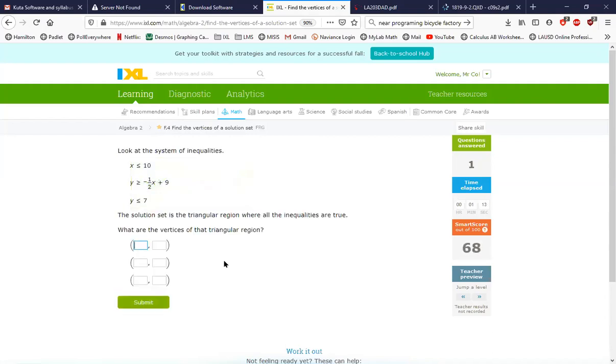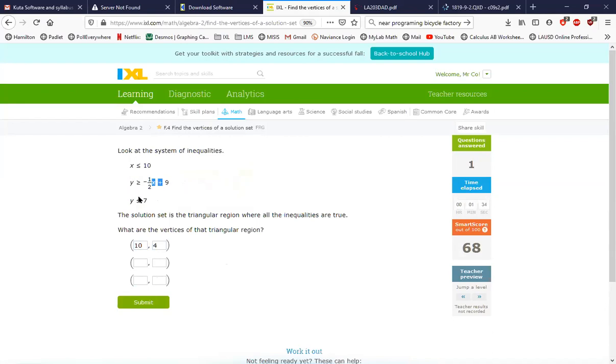Those are 3. This one's a little harder. When x is 10, plug 10 into this equation here. 10 divided by 2 is 5. Negative 5 plus 9 is 4. X is 10. Y is 4. If I plug y in here, that's 7.